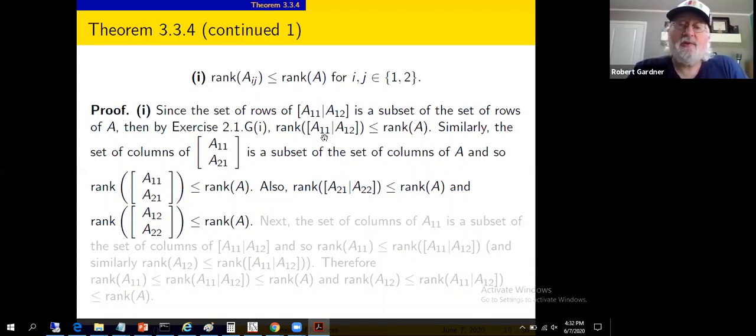This was the A sub 1 something. If we look at the A sub 2 something, the bottom half of that partition matrix, same argument, same conclusion. This was the left-hand half of the partition matrix.